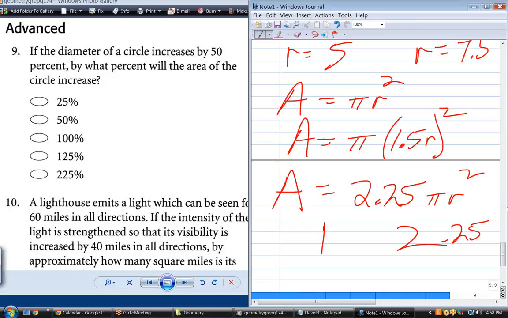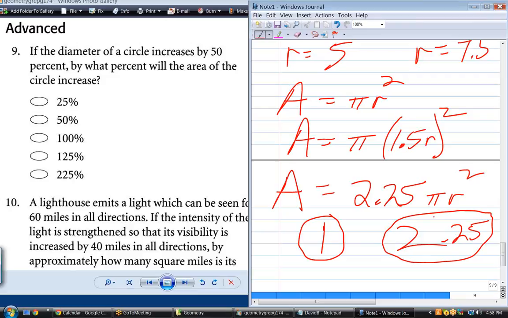It's proper for me to say that that number is 225% of that number. That's correct to say. But it increases by 125%. So they're not the same thing.